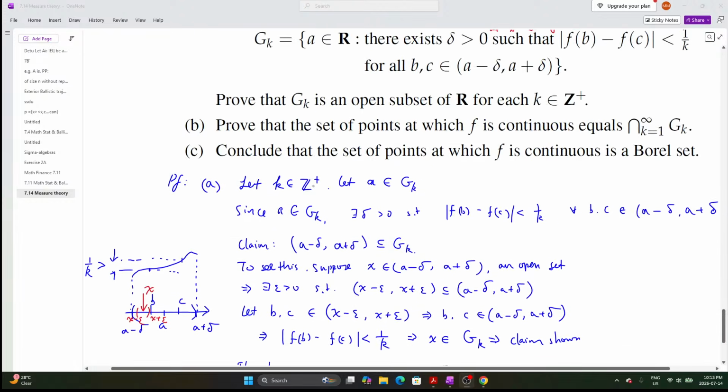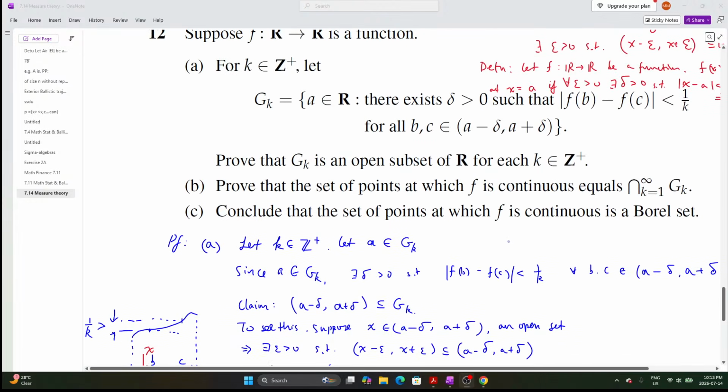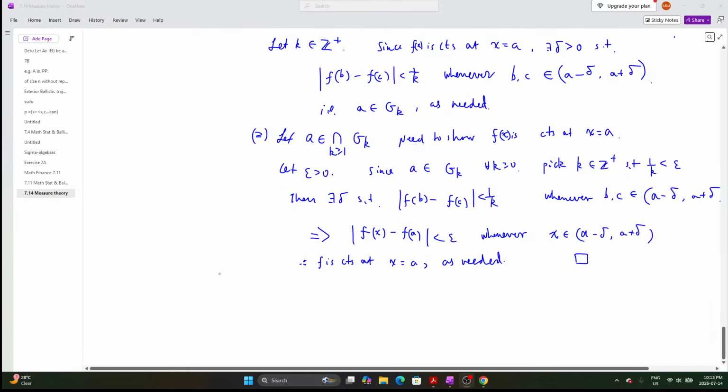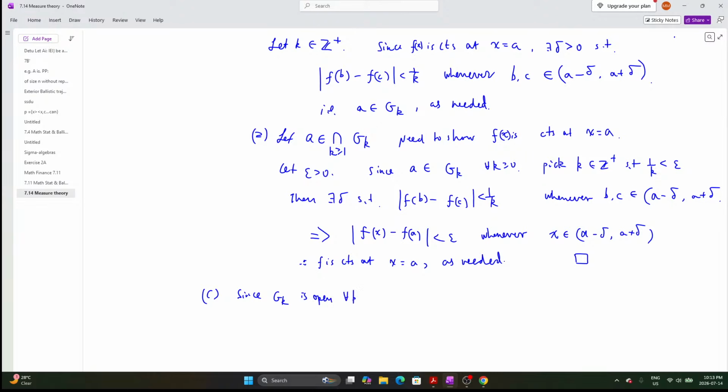Okay, coming back to the final part. This is already done: G_k is open. So since G_k is open for all k, G_k belongs to the Borel sigma algebra.